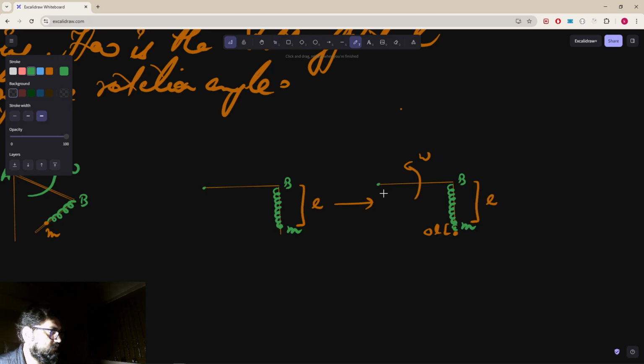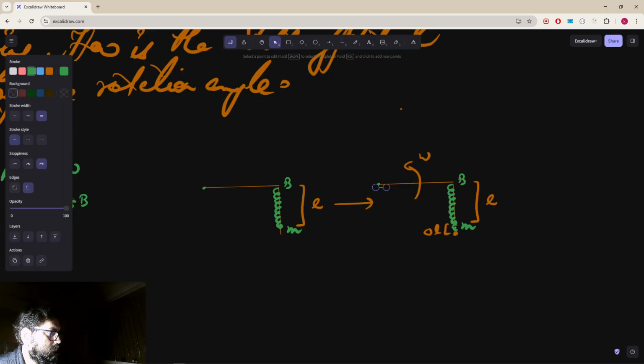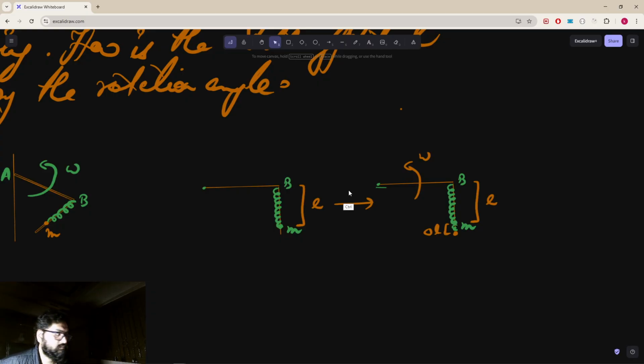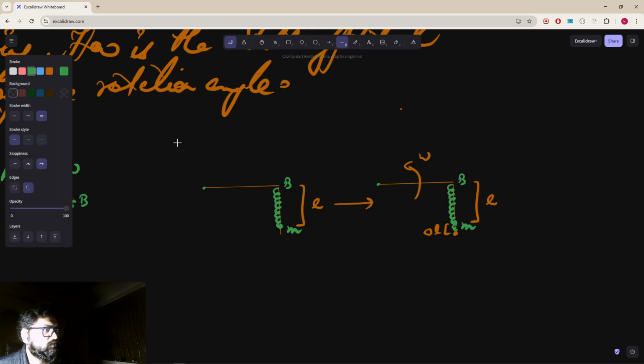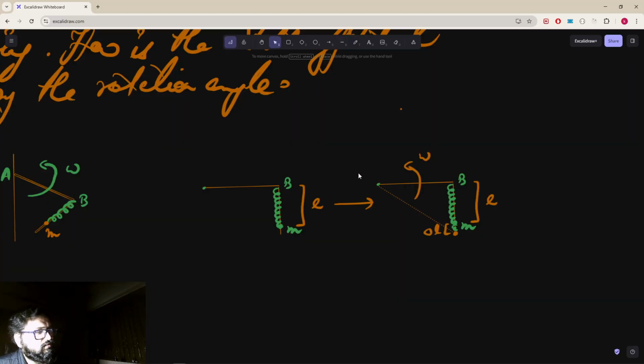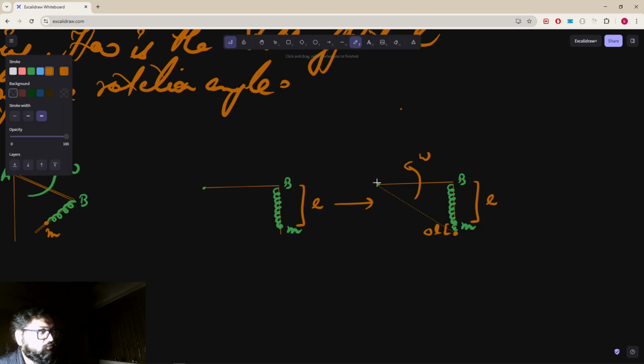So in this situation, let's say the angle made by the body with this part of the rod is theta.